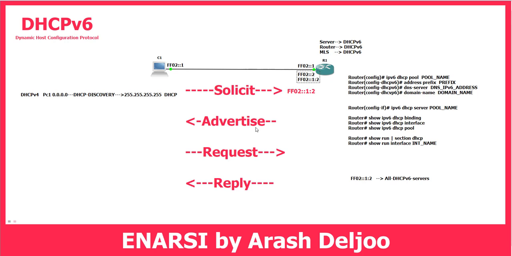After that the client should send the request message. This request confirms that the client wants to receive this IPv6 addressing, and finally with the reply message the server finalizes the process.